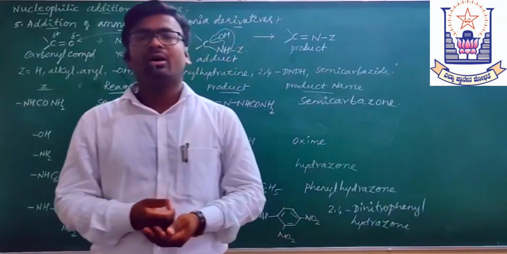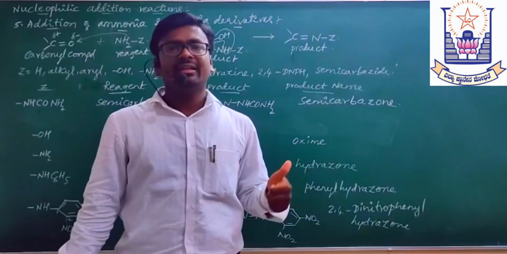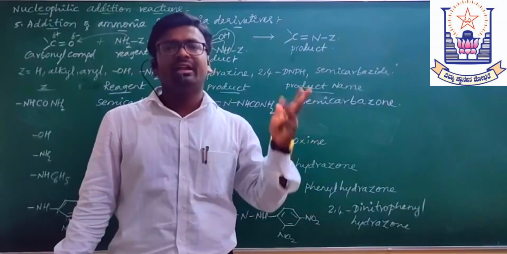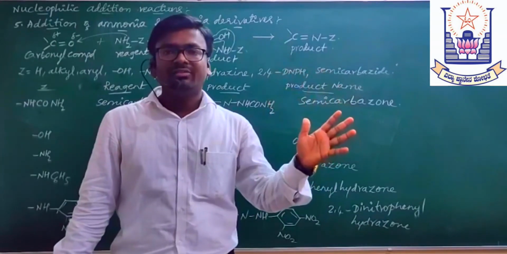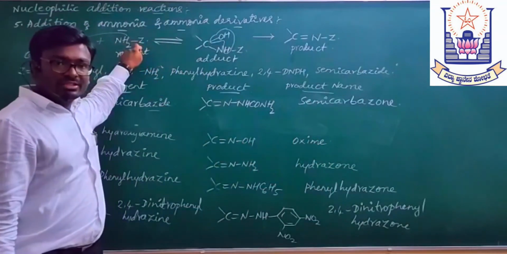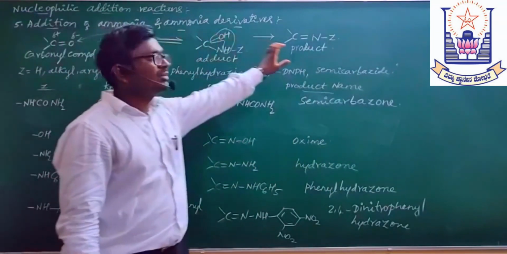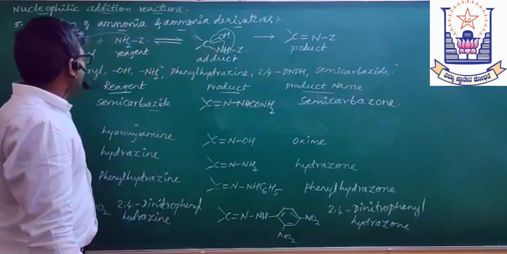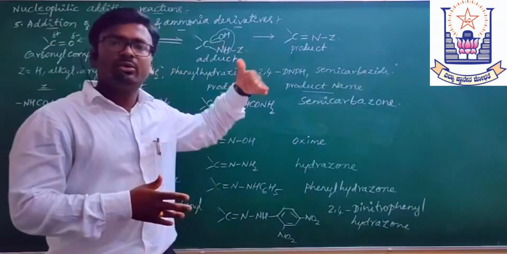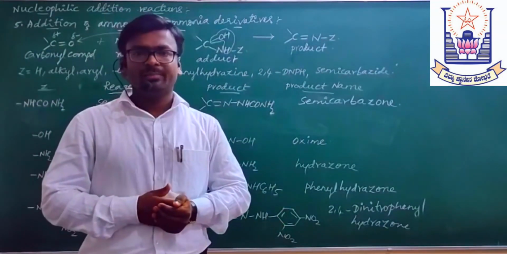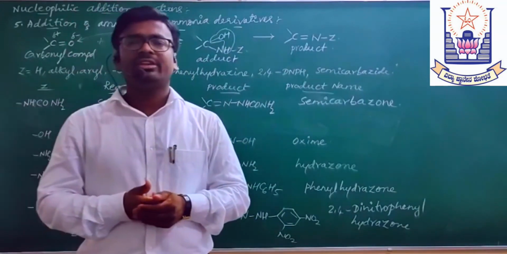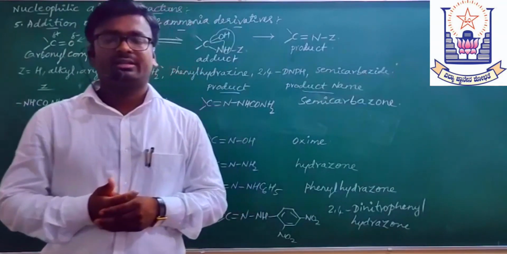Here we have discussed the addition of hydrogen cyanide, sodium hydrogen sulfite, Grignard reagent, alcohols, and ammonia and its derivatives. When Z is H, it is ammonia, and the product will be imine. Like that, we have seen that a variety of ammonia derivatives will give a variety of products. Practice a lot on this for the CET and theory examinations. It is very, very important.